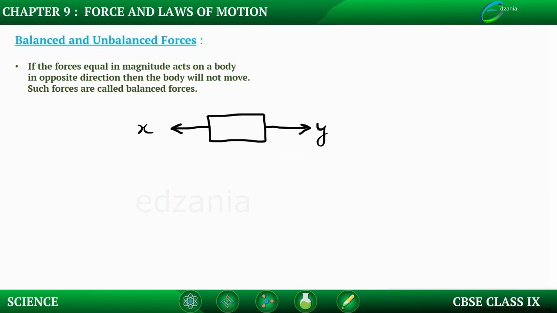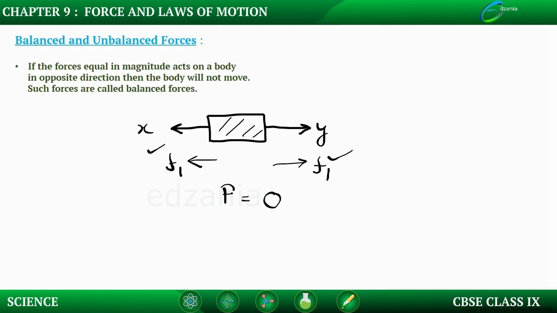And suppose a force F2 is applied on this box, then this box will move towards Y, that is towards right. Now, suppose two equal and opposite forces, that is F1 and F2, are applied on this box, then this box will not move. Why? Because the forces that are applied are equal in magnitude. Therefore, the net force comes out to be 0.